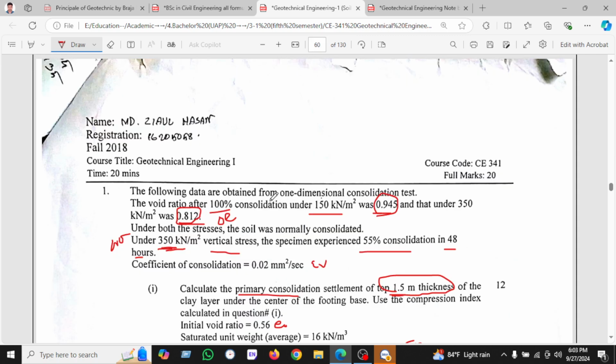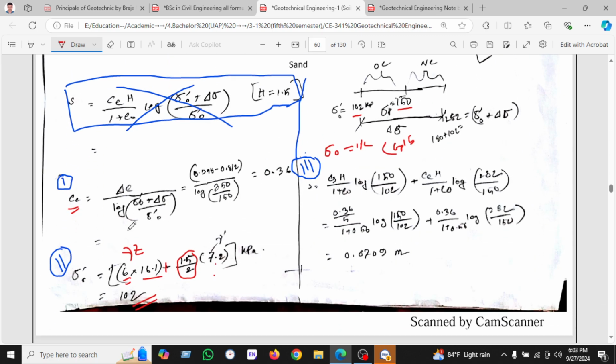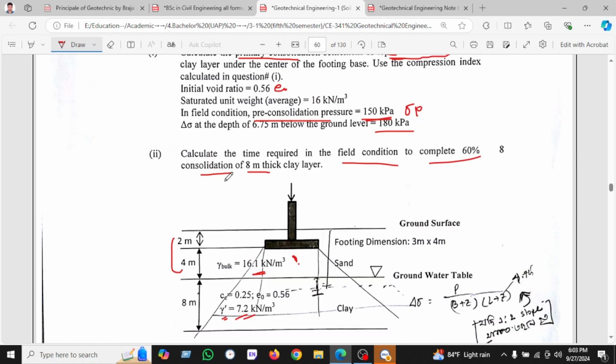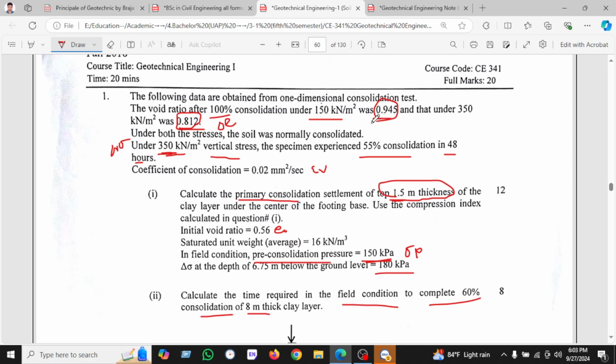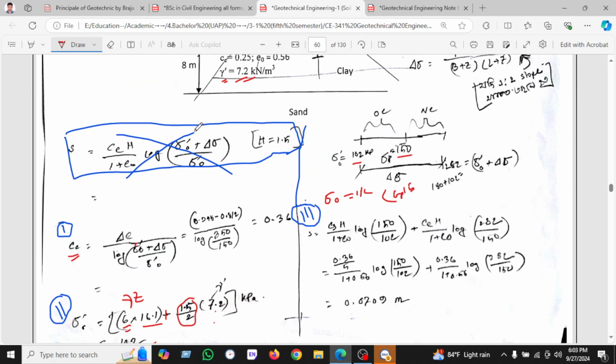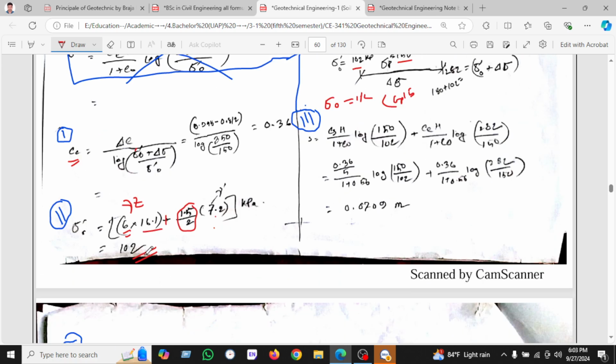So let's see. In this way, I will get delta e as 0.948 minus 0.812. This is the delta e, and sigma naught I will get in this way, 102.